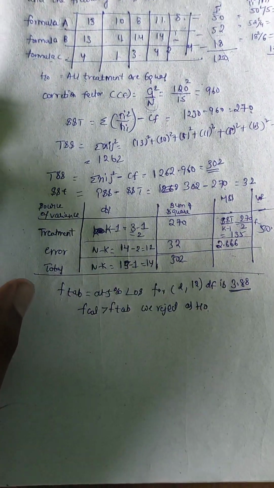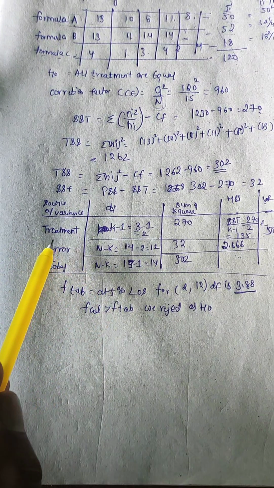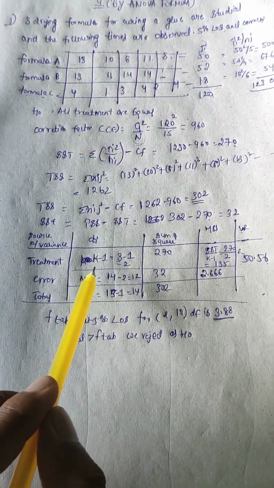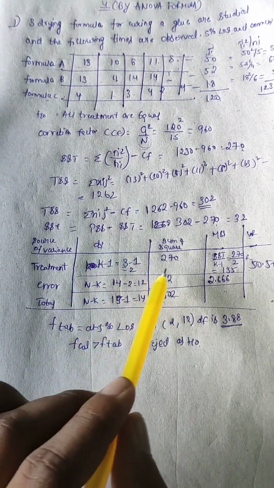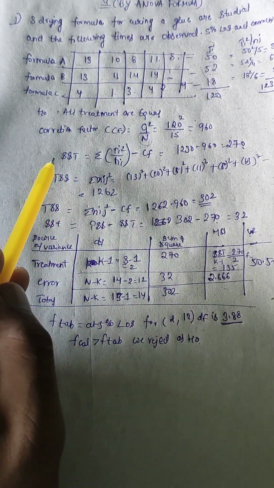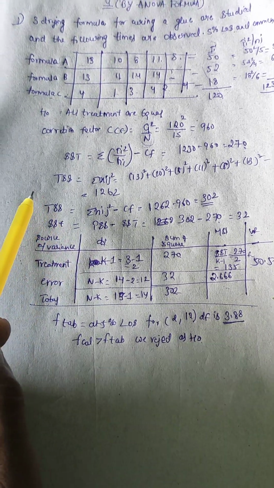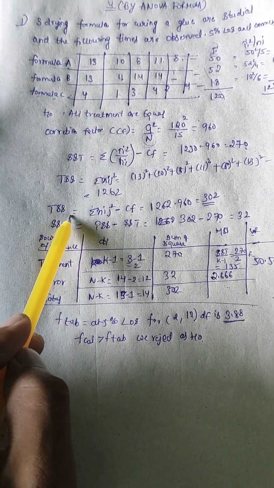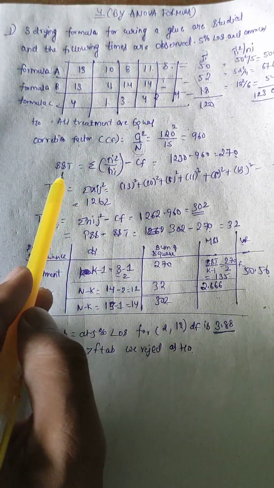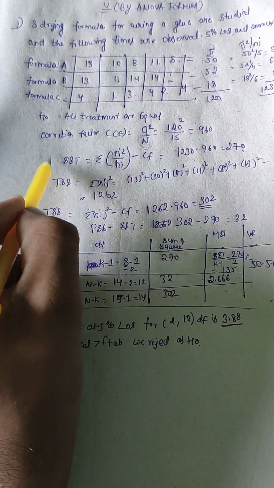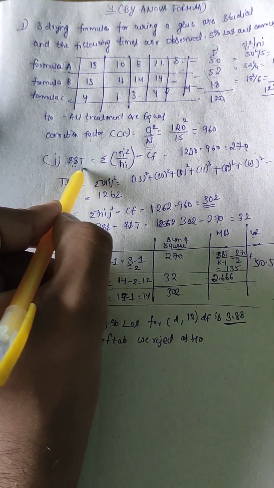So in this we want to calculate the treatment, error and total. For treatment the degrees of freedom is k minus 1, and we want to calculate the sum of squares of treatment, the sum of squares of error, and the total sum of squares. First we find the sum of squares of treatment.